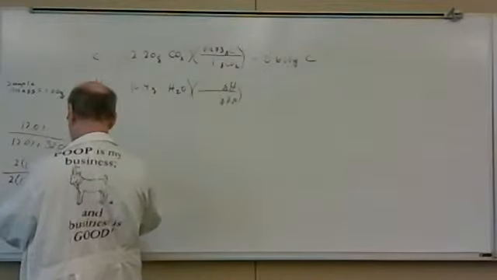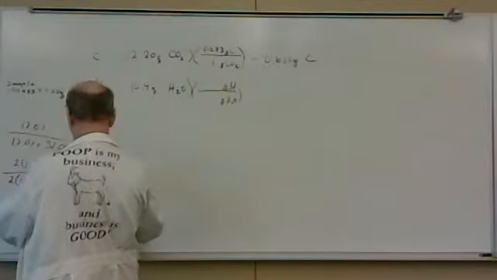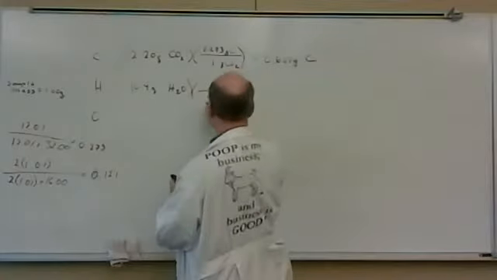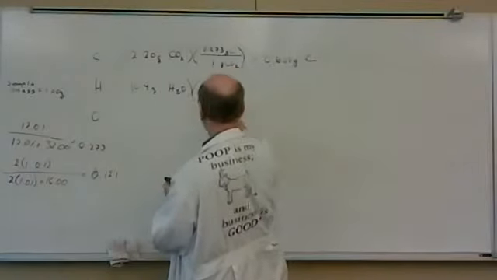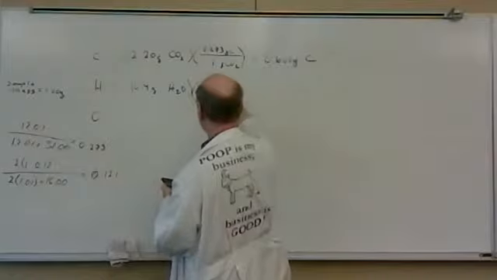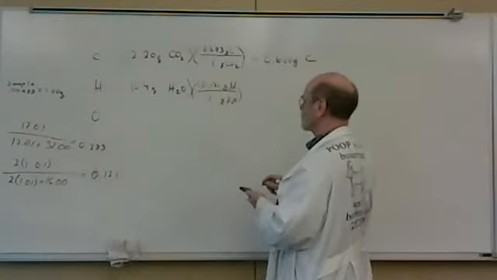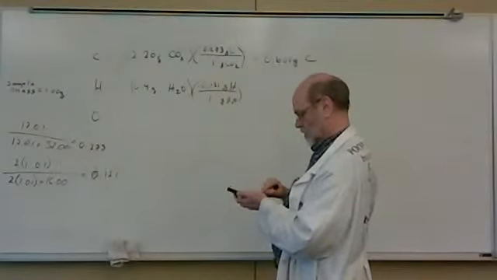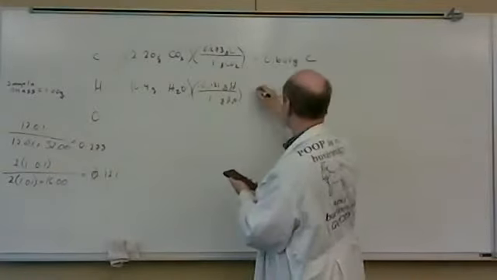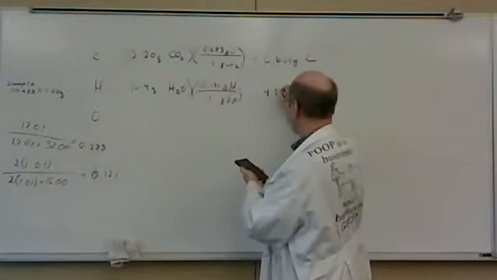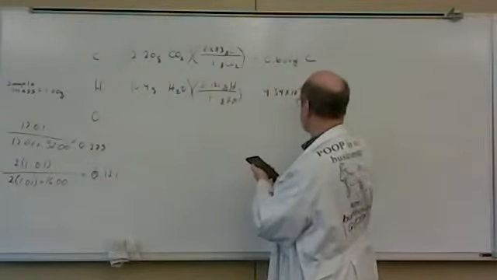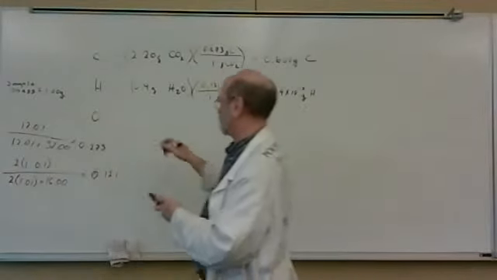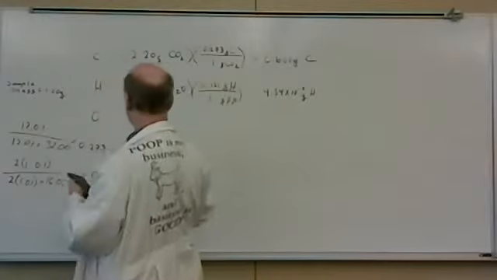0.121 is the fraction of hydrogen in that. So for every 1 gram of water, we have 0.121 grams of hydrogen. So 0.121 times 0.4 is 4.84 times 10 to the minus 2 grams of hydrogen in that sample. So how much oxygen is in there?